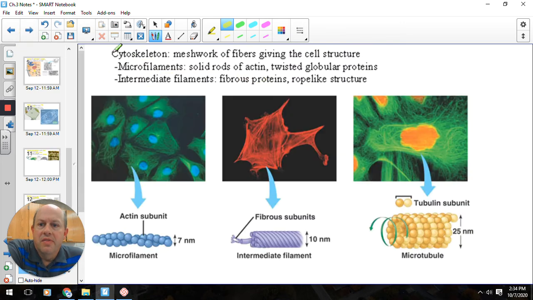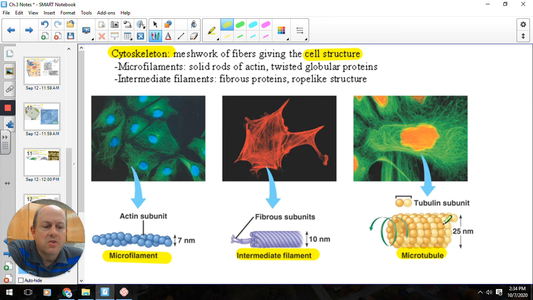The cytoskeleton is like your skeleton, and it basically gives the cell structure, and it also gives a point of attachment for some of these organelles to attach to. There are 3 different kinds of cytoskeleton, so those are microfilaments, intermediate filaments, and microtubules.